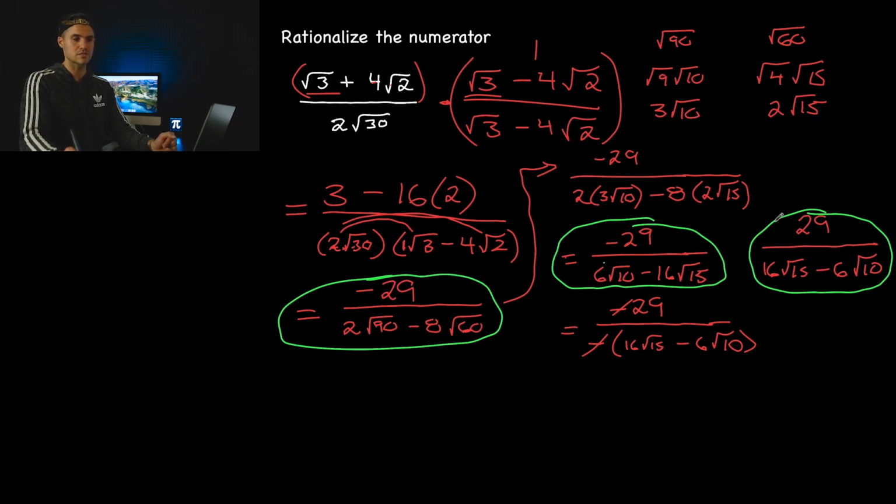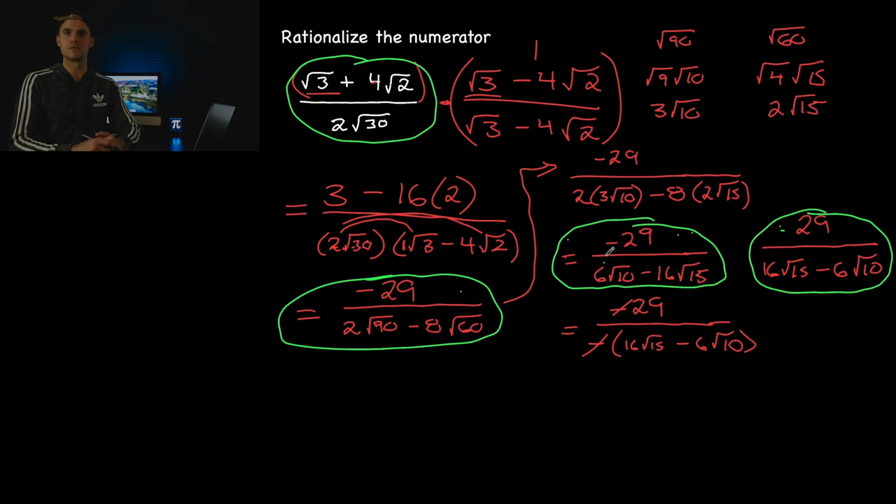If you plug all of these in your calculator, you're going to get the same decimal, and that's a way to check your answer. As I mentioned before, you could take the original expression, get the decimal of that, and then make sure that your final answer gives you that same decimal, right? So any of these three in green work. This one, they're probably going to expect you to simplify those roots, so these two are usually going to be one of the final answers.